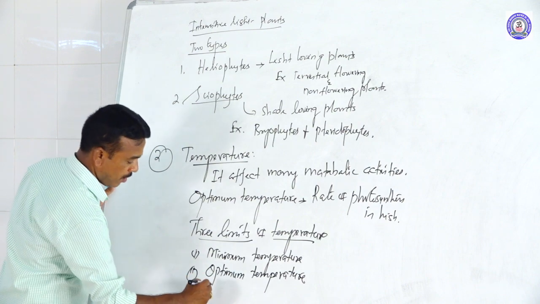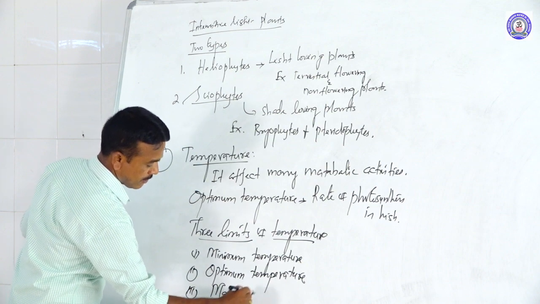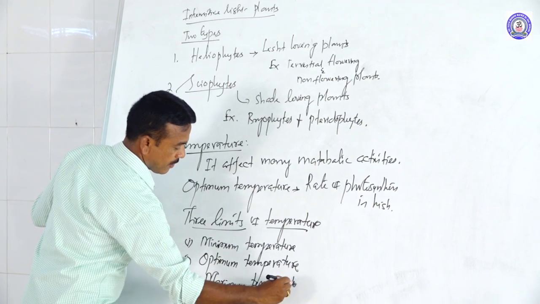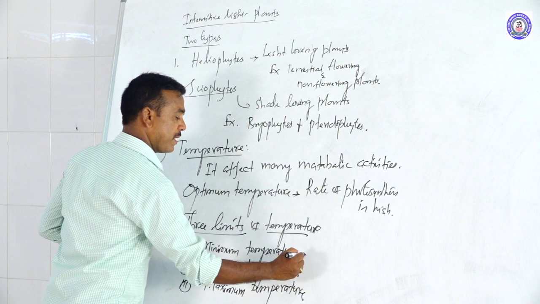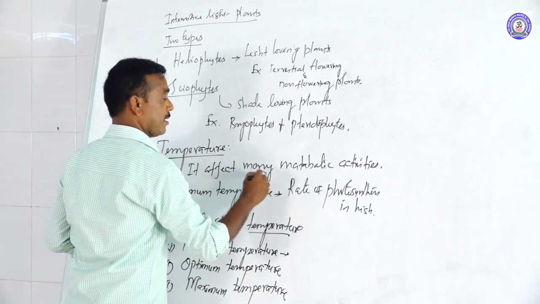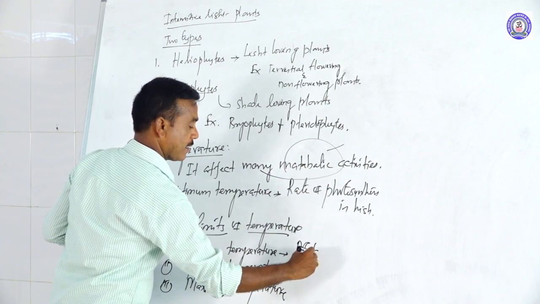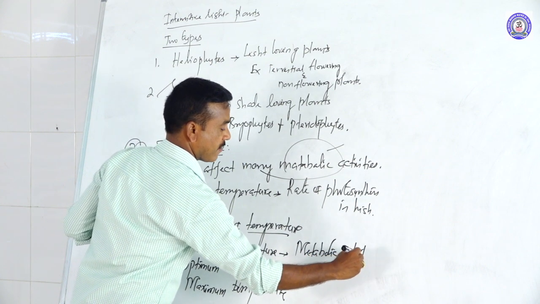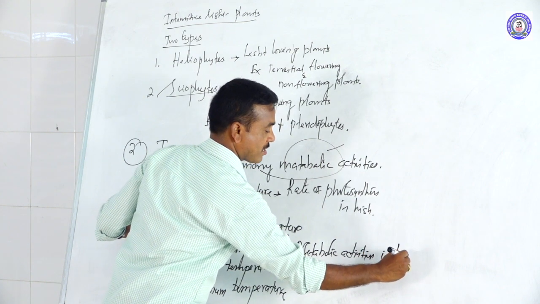The third is called maximum temperature. During minimum temperature, the metabolic activities are lowest.